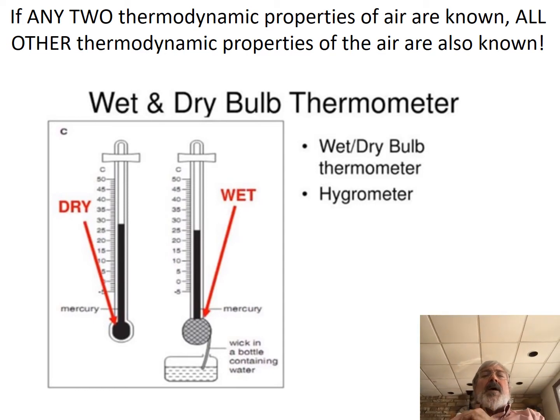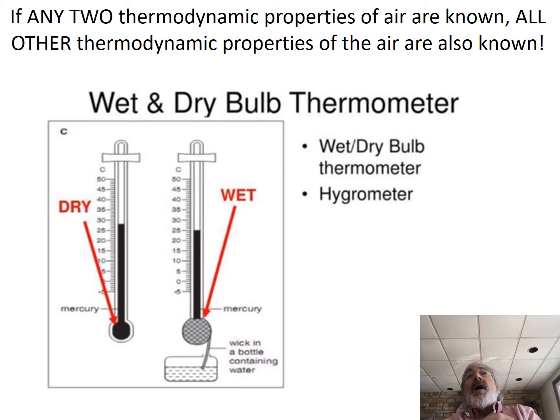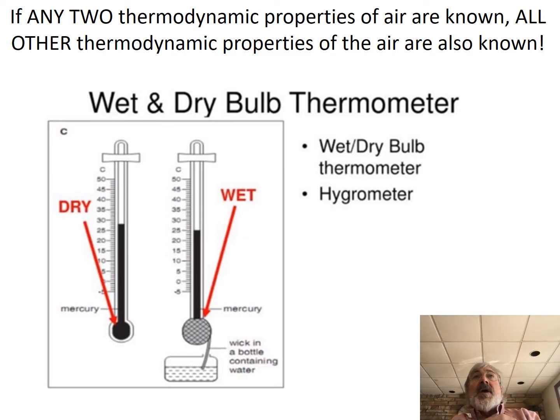All right. If you need something to measure the second property, wet bulb temperature is usually the easiest and most repeatable way to do that, because it's simple mechanical: a saturated wet wick.